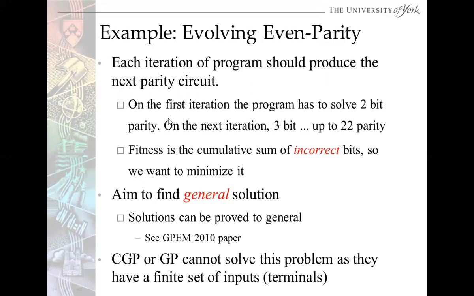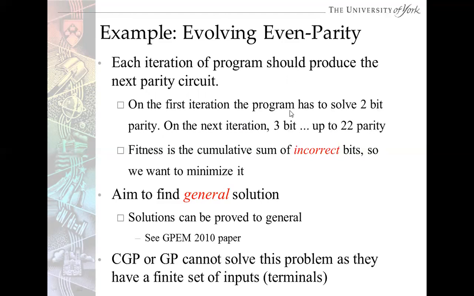So what you want is, on the first iteration, for your intermediate phenotype to solve 2-bit parity, which of course is very, very simple, and you've got the solution to that as one function in your function set. But on the next iteration, when you apply the self-modifying operations and generate the next intermediate phenotype, you want it to solve 3-bit parity, and then on the next iteration 4-bit, all the way up to 22-bit parity.